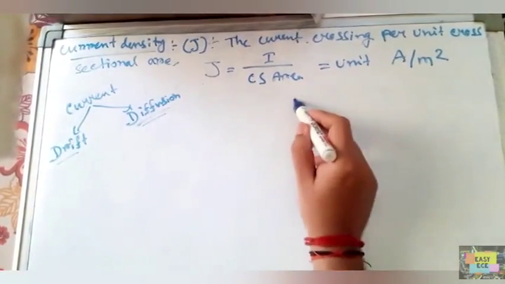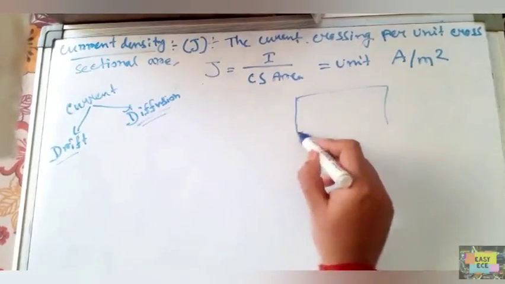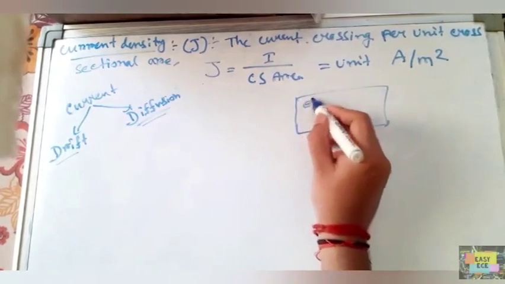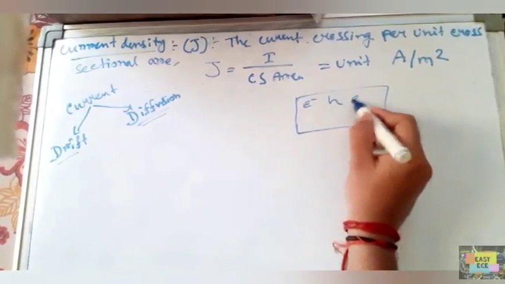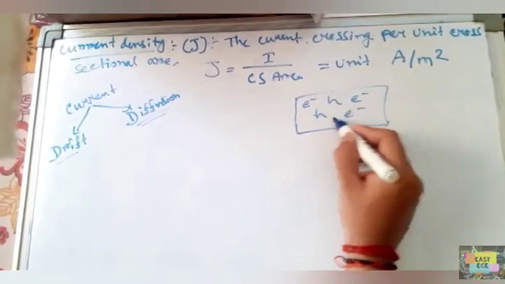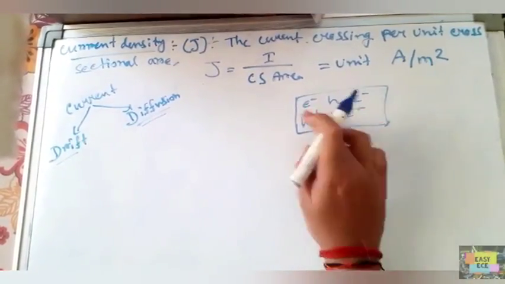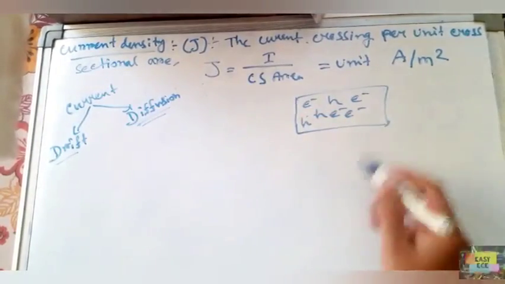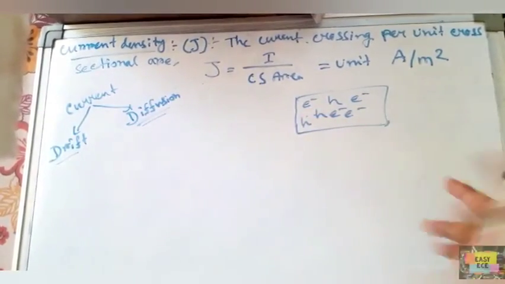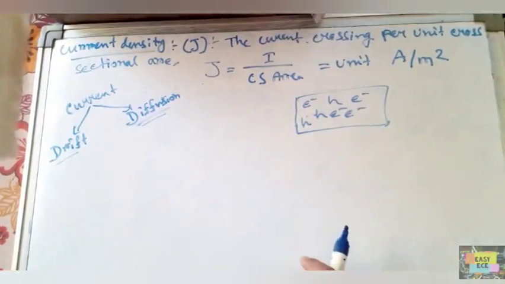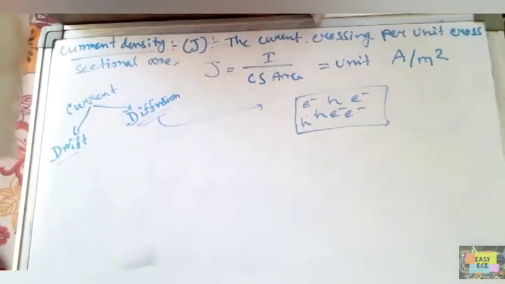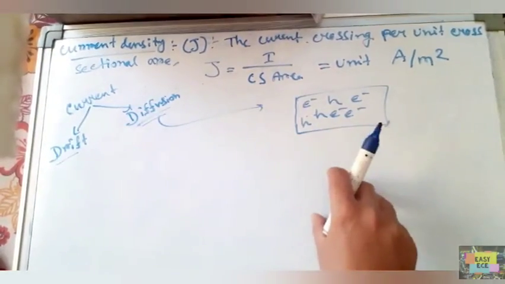In a semiconductor there are electrons and holes present, which we denote as negative and positive. First let's discuss diffusion. Diffusion means spread.